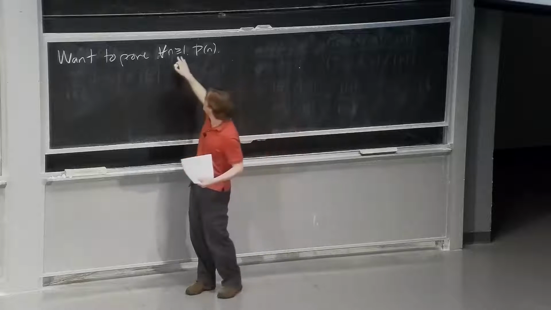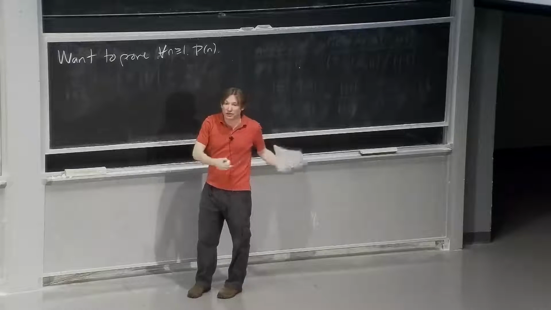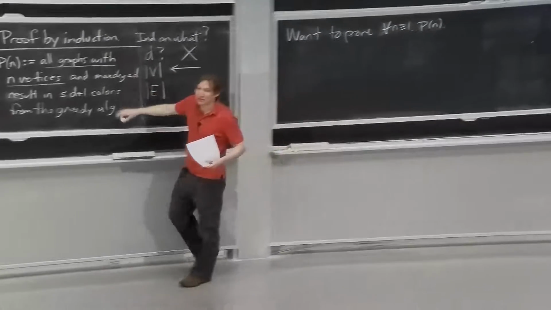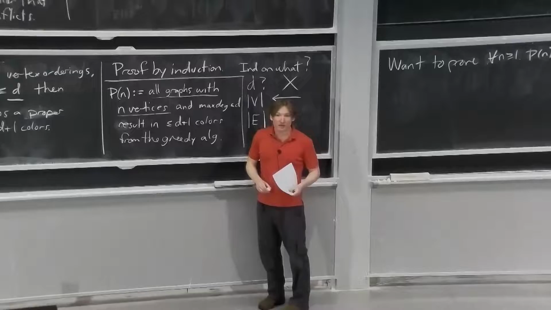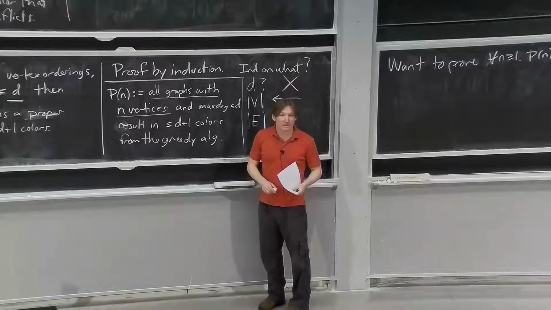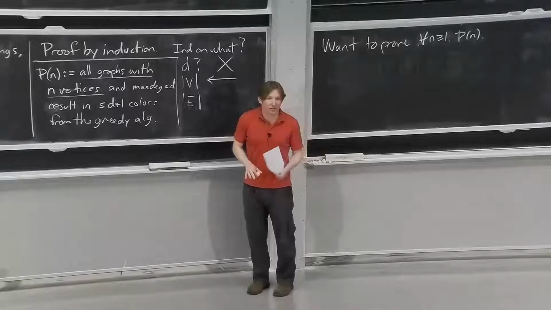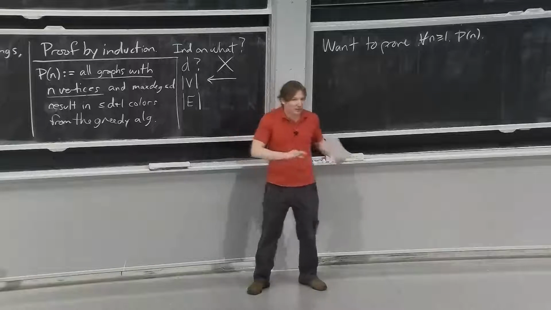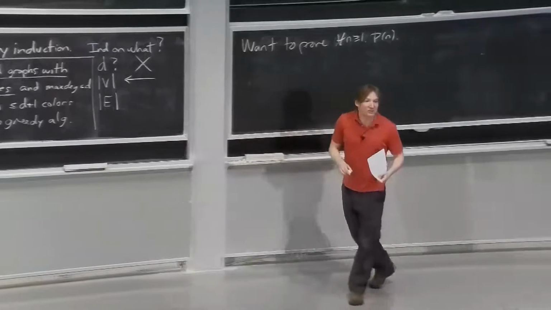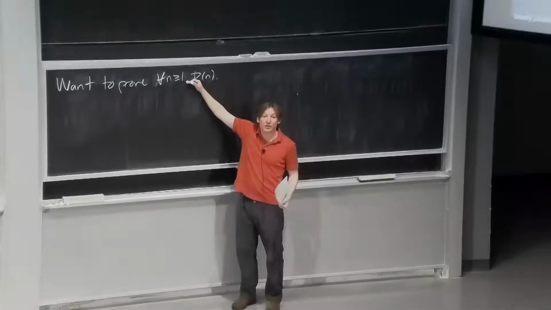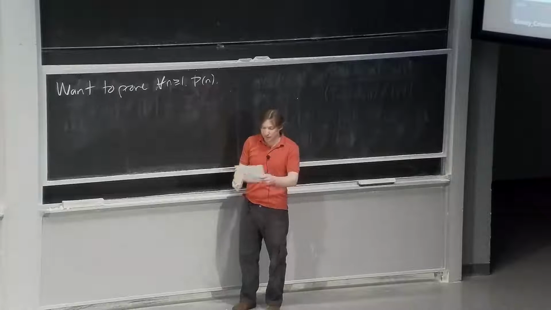So together, all of these P of n's, starting at P of 1 and going upward, include all finite graphs. Does that make sense? I failed to mention earlier, but most of the graphs we're talking about in this class are going to be finite. So if I don't specify, go ahead and assume it's finite. So this will cover all of the finite graphs, so it'll cover all the graphs we care about, and we'll end up proving our theorem.